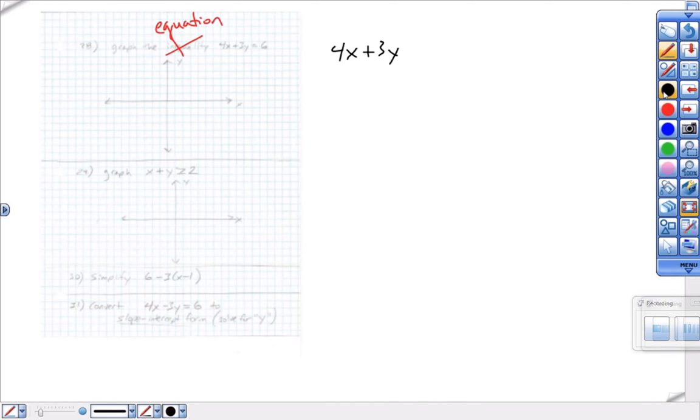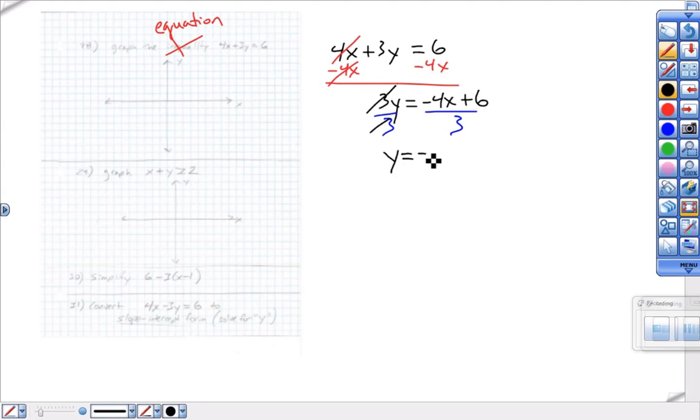So to solve this problem for y, I'm going to subtract 4x first to get that y by itself. Add or subtract any terms first, and then do my division, dividing everything by 3. Dividing the left side by 3 gets y all by itself. And then when I split that up, that gets me y equals negative 4 over 3x plus 6 over 3, which simplifies into 2.